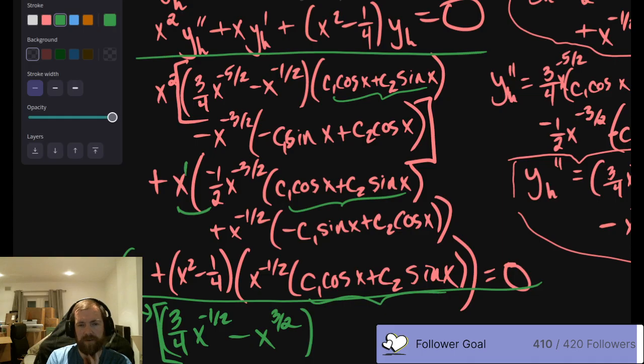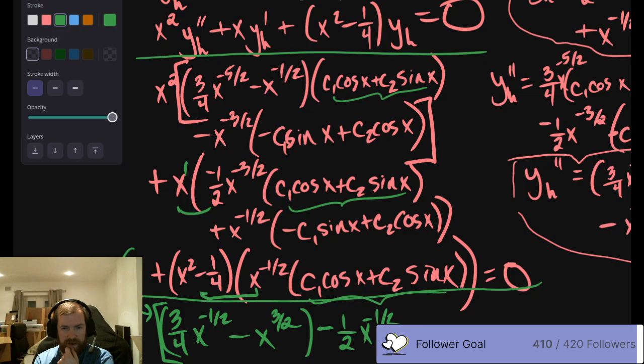So this is x to the first times x to the negative 3/2, which is x to the negative 1/2. So it's going to be minus 1/2 x to the negative 1/2.